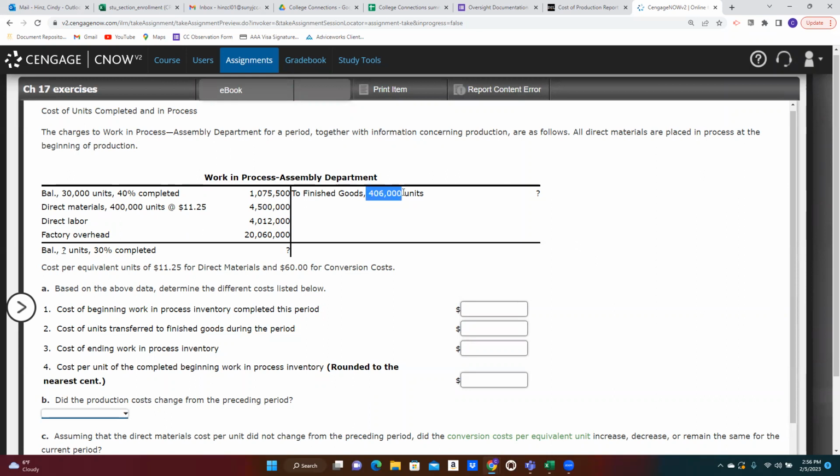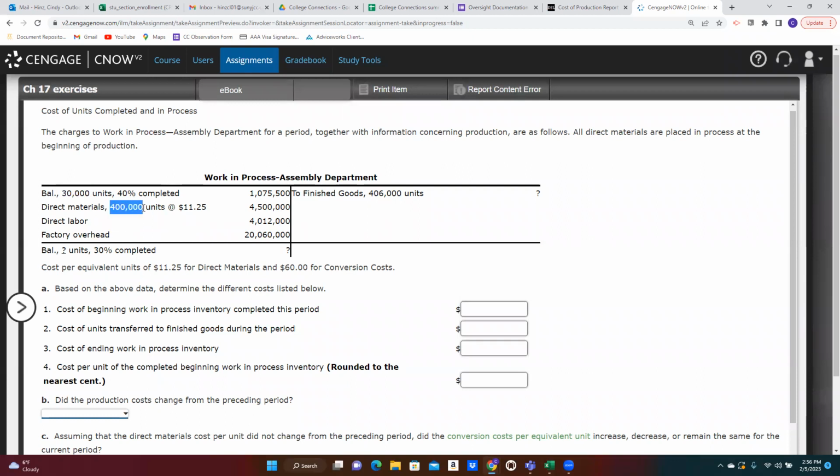We transferred 406,000 units to finished goods. So that would include the 30,000 units that were in beginning inventory and an additional 376,000 units from those started this month.